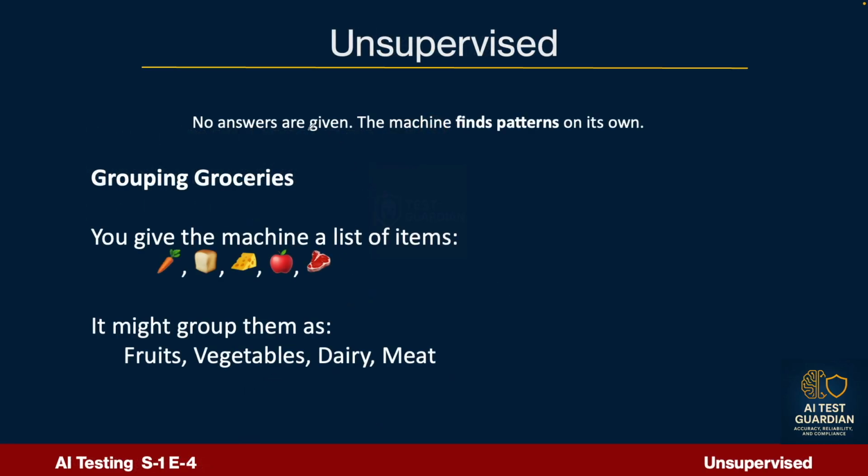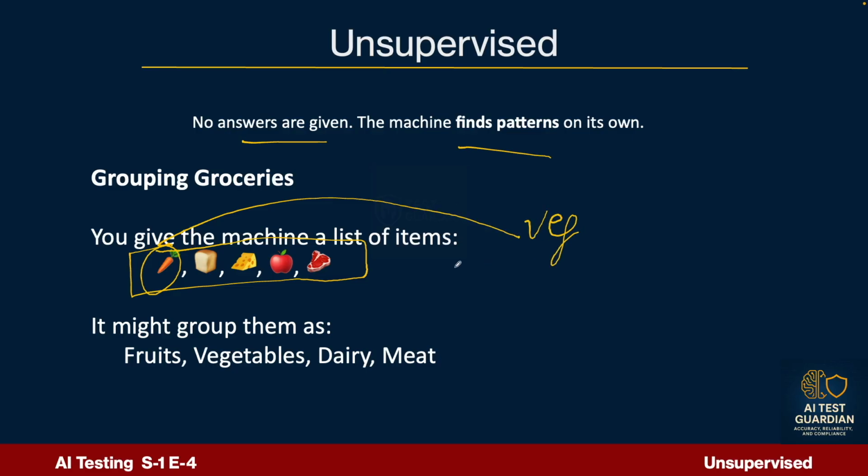Whereas in unsupervised learning, no answers are given. It just finds the patterns on its own. For example, you just throw in this whole data. Now see, there are no answers. In supervised learning, we were telling it this is a carrot, this is bread, this is cheese. But here we are not telling the model what this is, because we are not predicting here. We are trying to classify, to group them together in the same category. The model by itself is going to learn: this is a carrot, so that looks like a vegetable to me, right?